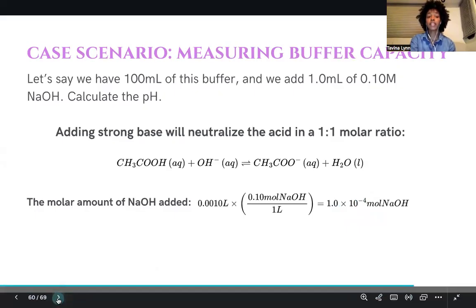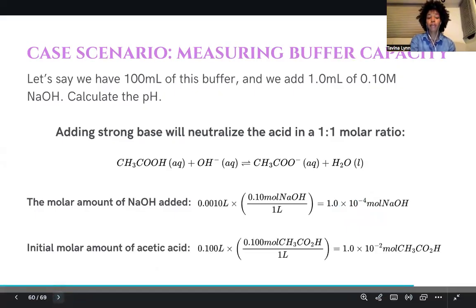And then our initial molar amount of acetic acid is 1 times 10 to the minus 2. So we know we had an initial concentration of 0.10 molarity, and we have 100 milliliters or 0.1 liters. So we have our initial molar amounts of sodium hydroxide and acid that is neutralized.